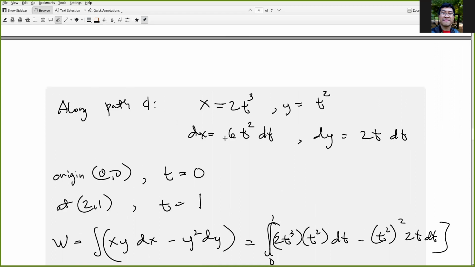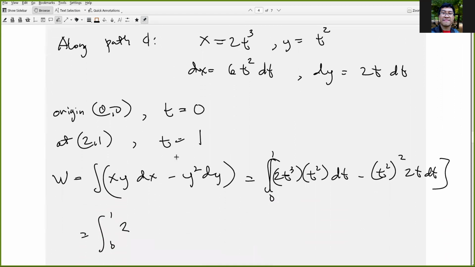What else here? dx is supposedly 6t squared dt.